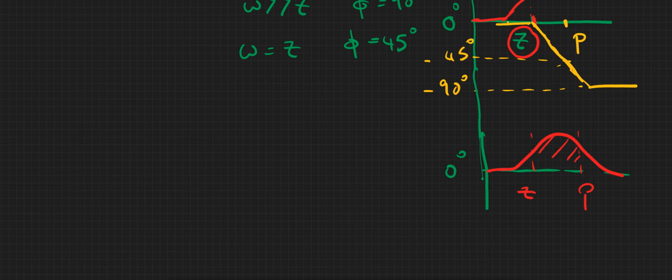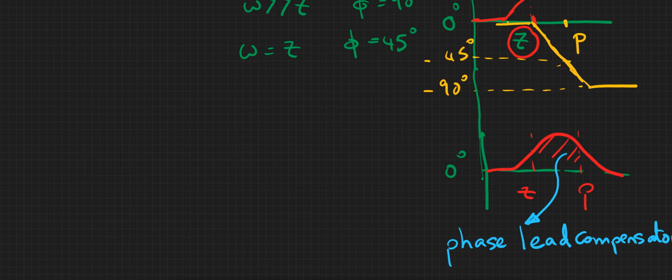It's no surprise then that this is called a phase lead compensator, and the term phase lead comes from the fact that phase is actually increased. We are adding phase to our Bode plot, and we will see quite shortly how this phase increase is quite useful in control design. We can use it, for example, to increase the phase margin of our system.